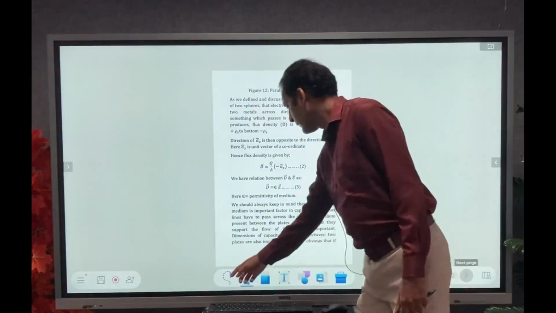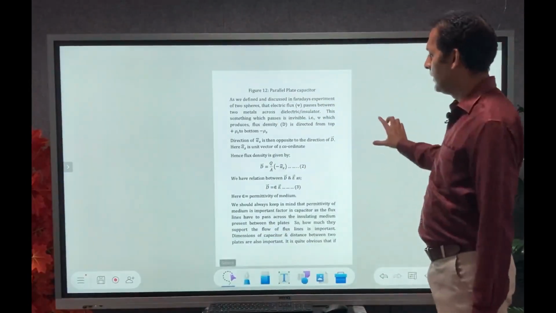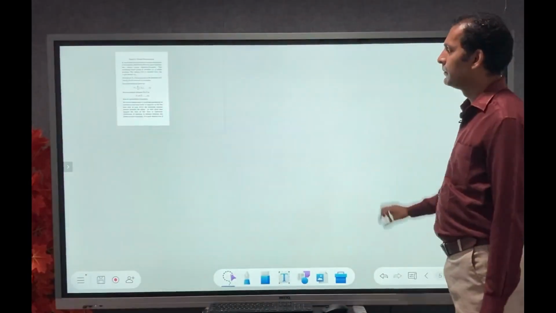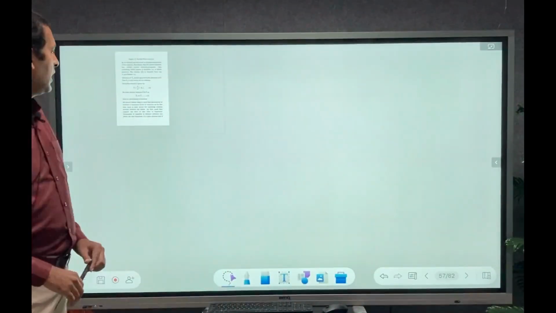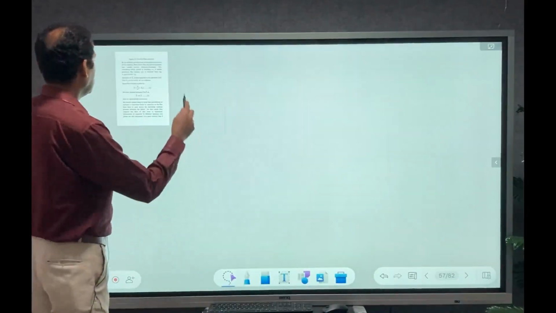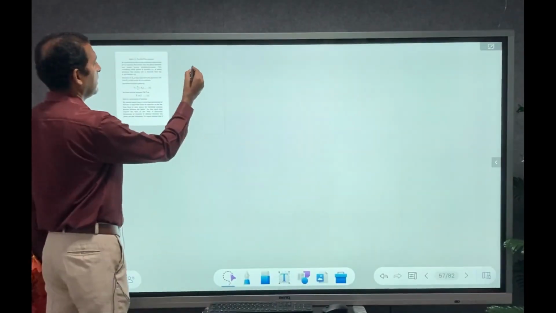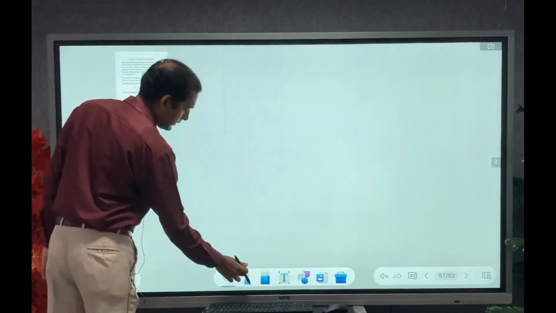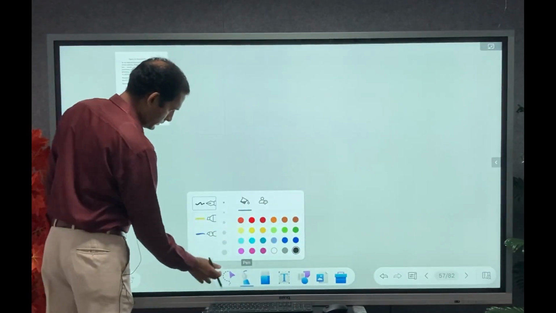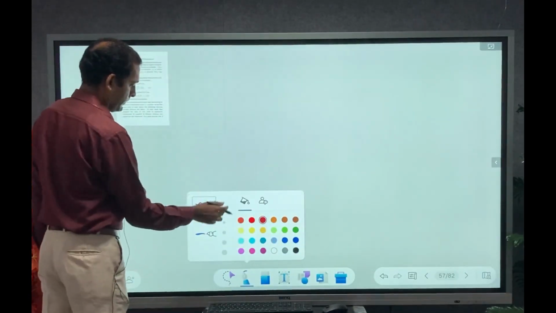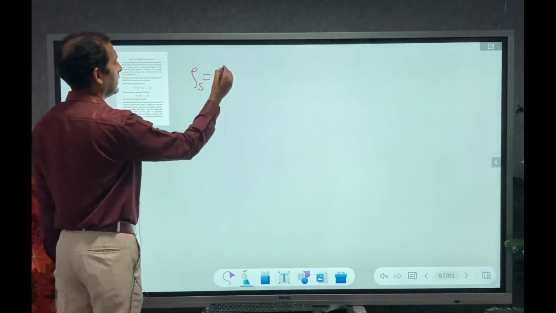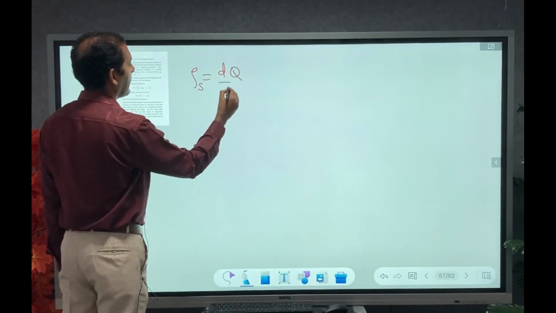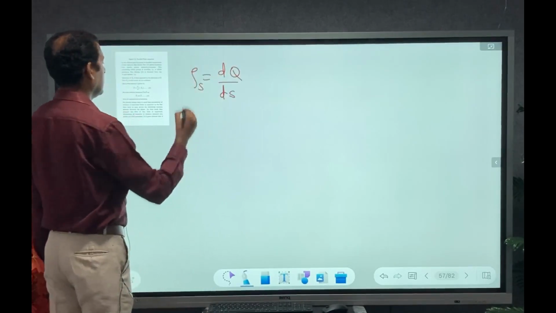Now here we will see the basic relation between the charge density and surface charge density. As we have seen, surface charge density rho s is nothing but dq by ds.